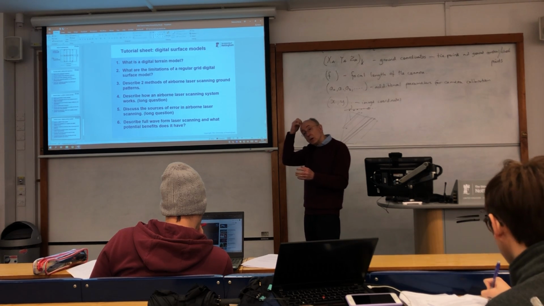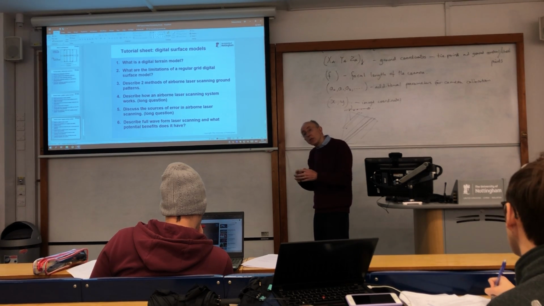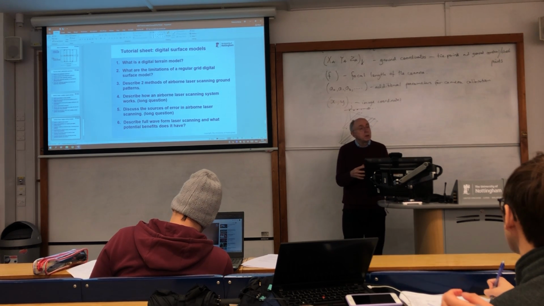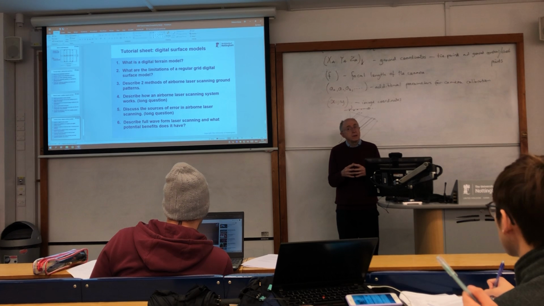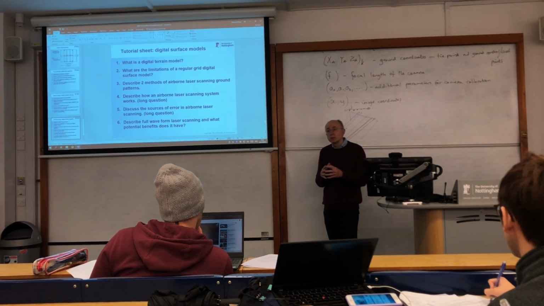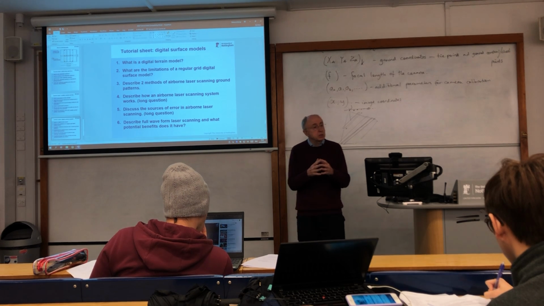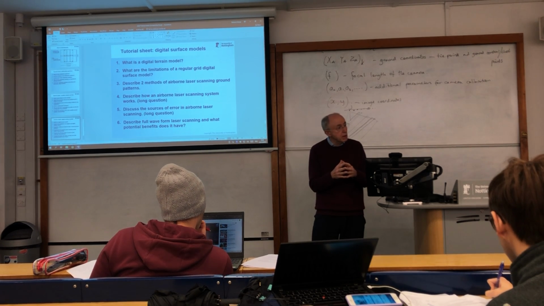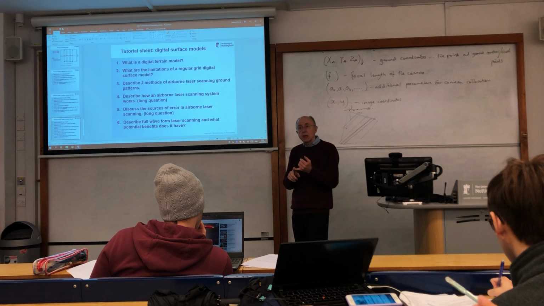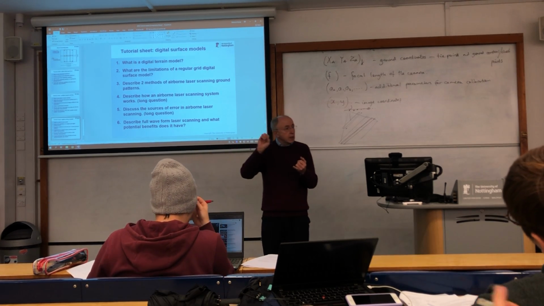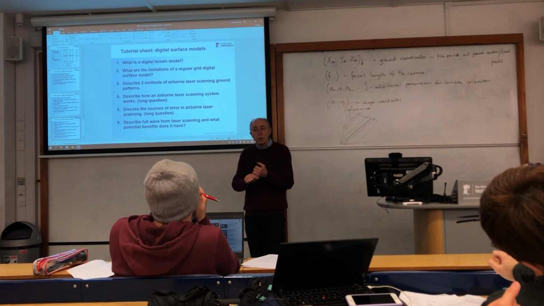The limitations also are that they are normally interpolated from a more random distribution of points. If you think of a laser scanner or even a digital surface model captured by photogrammetry, the laser scanner is pumping out laser shots, capturing them back and recording where they are.